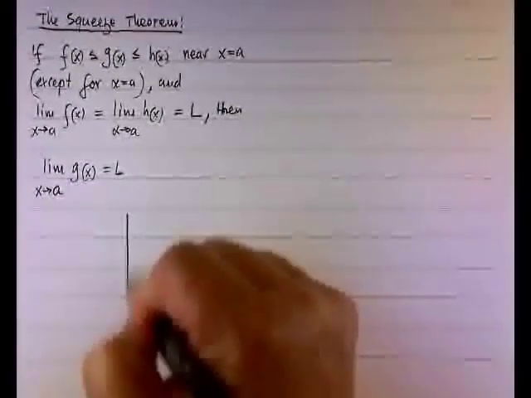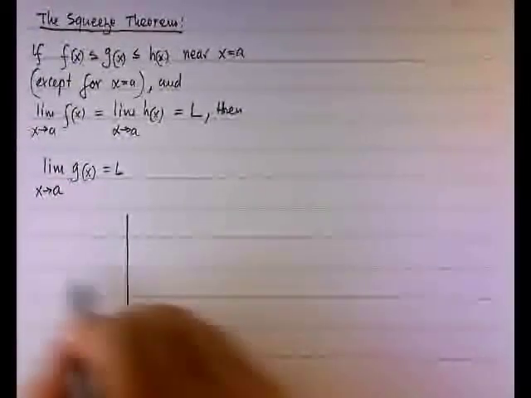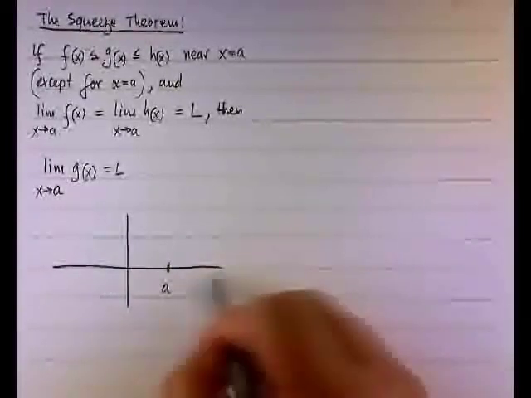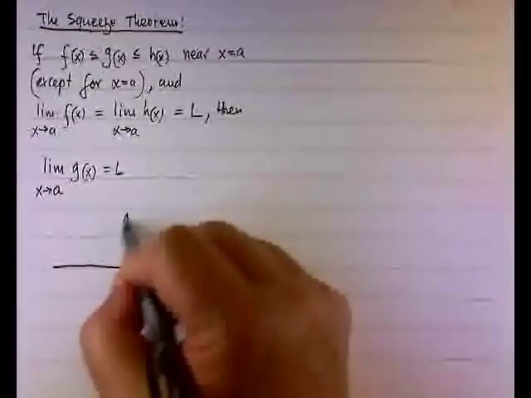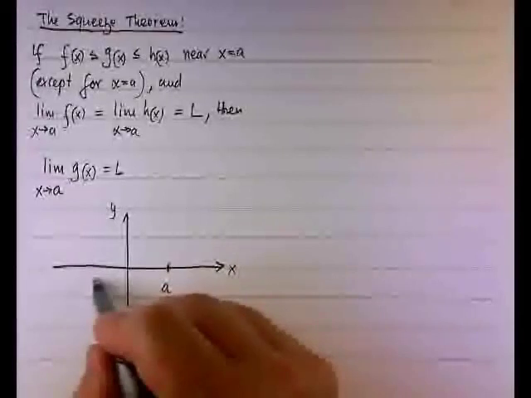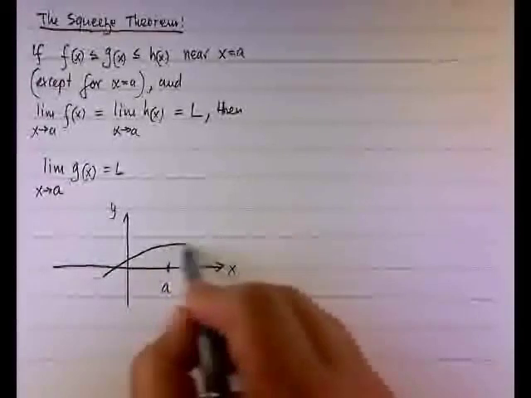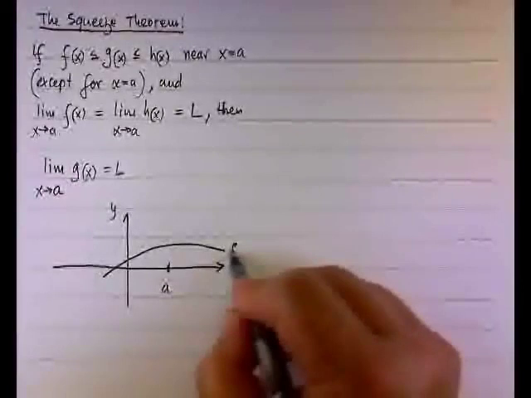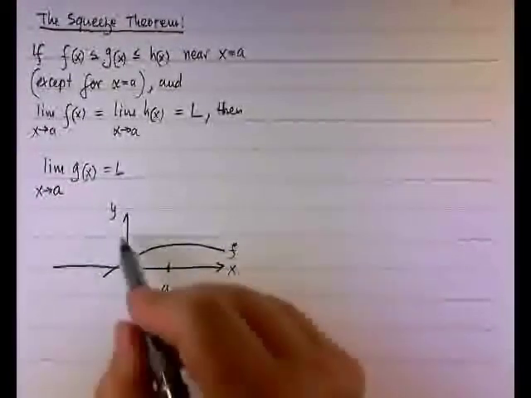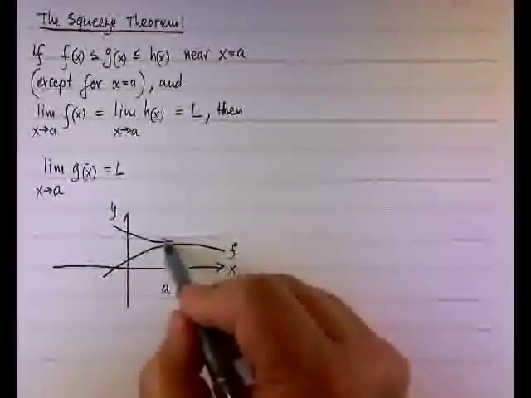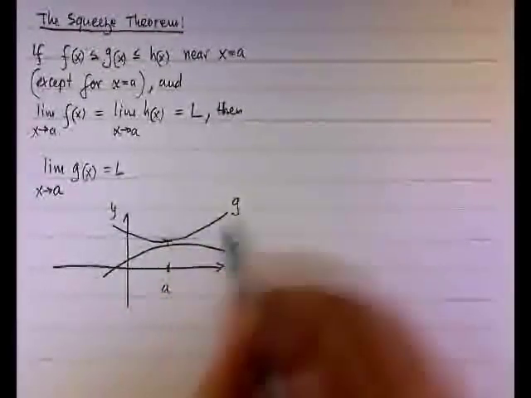Okay? So what is the picture here? One picture that we can draw to make sense out of it. Let's say this is x equal a, right? So this is x and this is y. And you have one function, this will be our f of x. Okay, so this is f. And then you have another function, let's call it g.